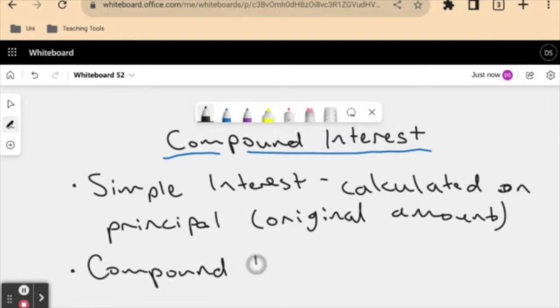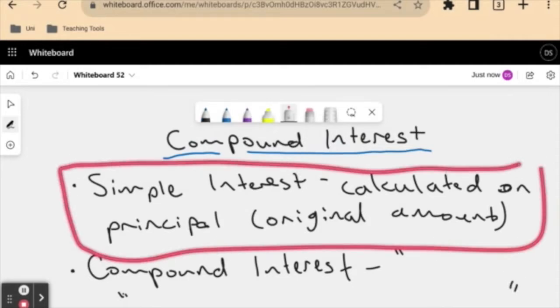So compound interest, let's actually write it down here. Like simple interest, it is calculated on the principal. So I'm just going to do these little quotation marks just to say that this is pretty much the same as simple interest.